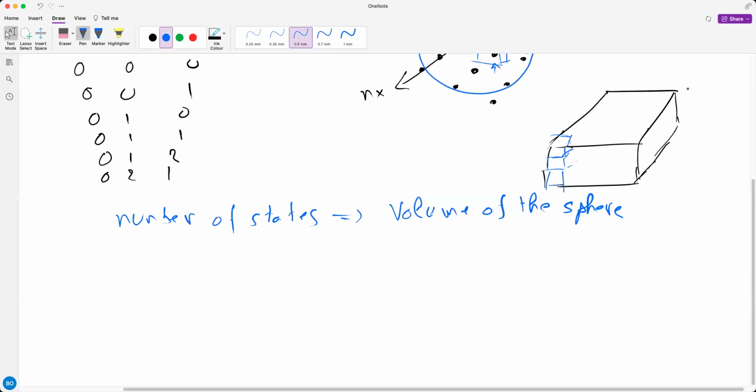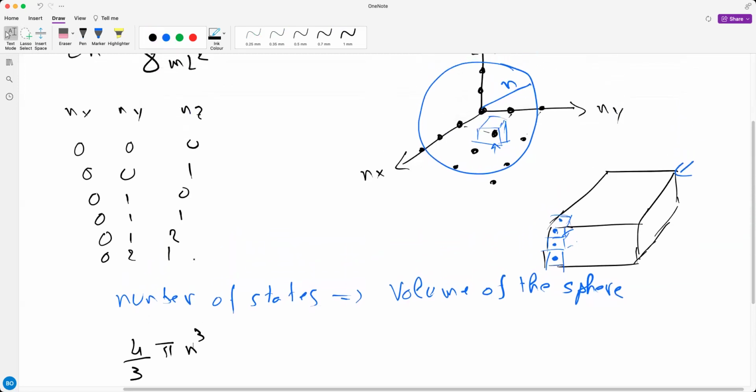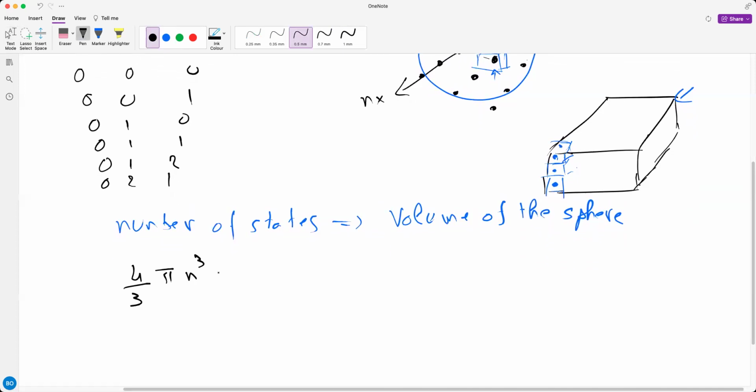If each cube is one state, what is the number of states? It's just the total volume, because the total volume gives you the number of small cubes if those cubes have a unit volume of 1. The volume of the sphere is 4/3 pi n cubed, because n is the radius of the sphere. So this is the number of states.